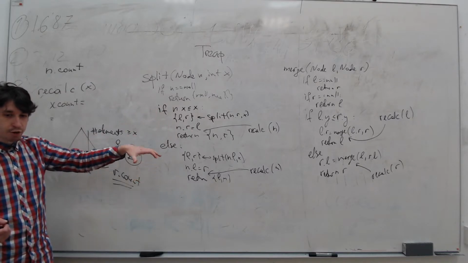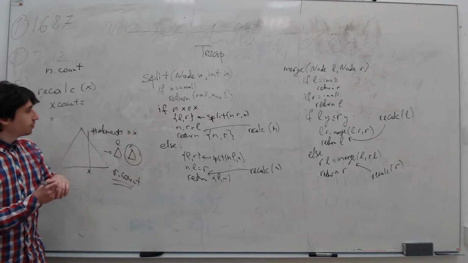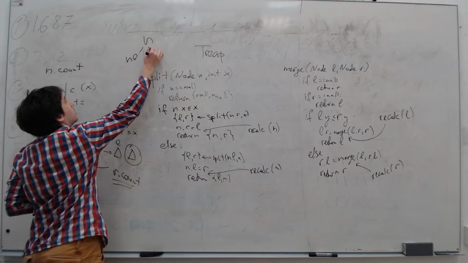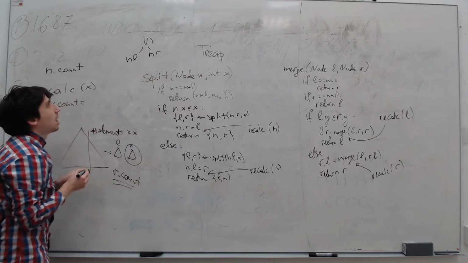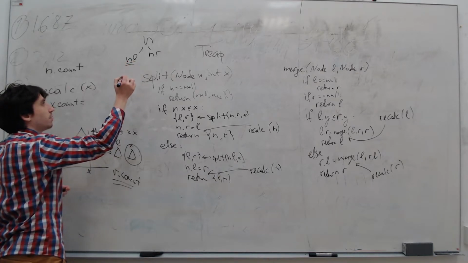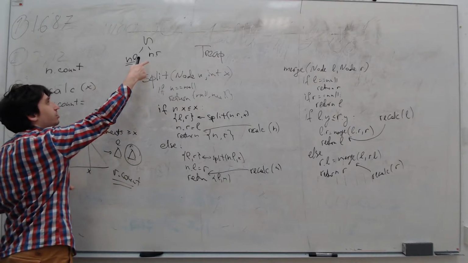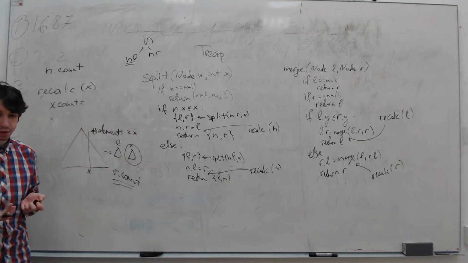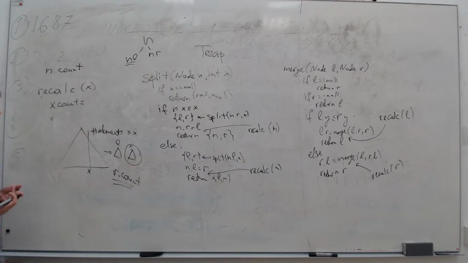Because we are working recursively, n.left and n.right were already recalculated, and the number of elements in their subtrees is already computed. So the question is, how to write a recalc function for a node, since we know both of its children are already recalculated properly.